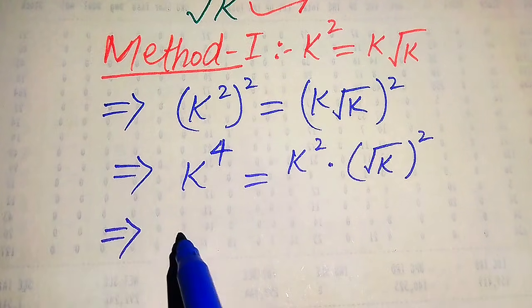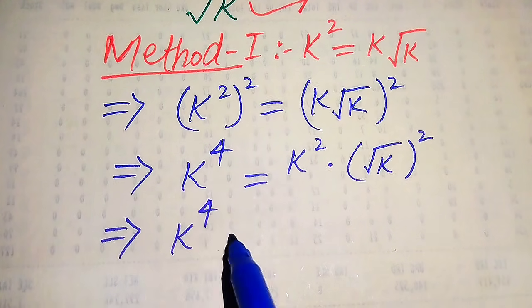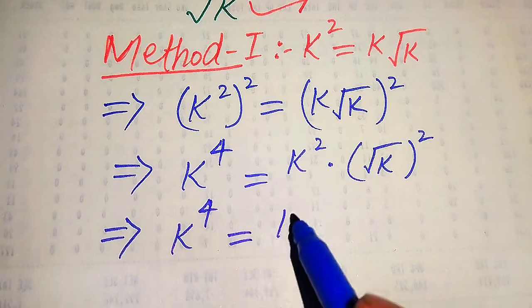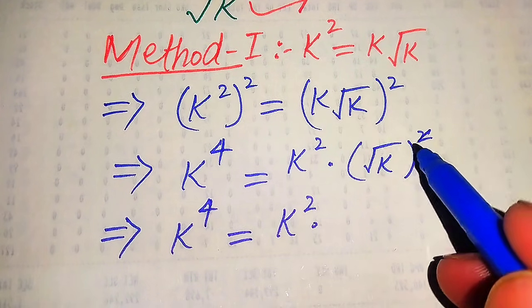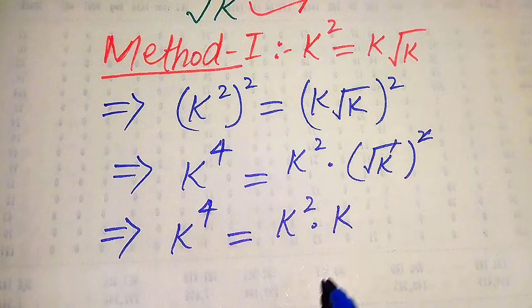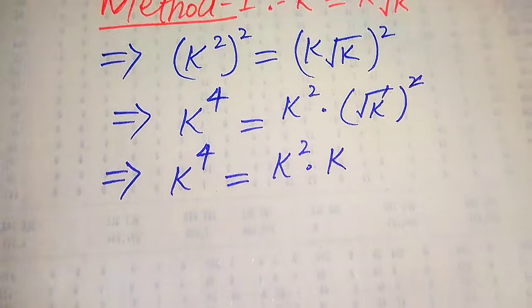Now in the next step we have k to the power of 4 equals k squared, and here the square and this square root cancel each other out, and we get only k.